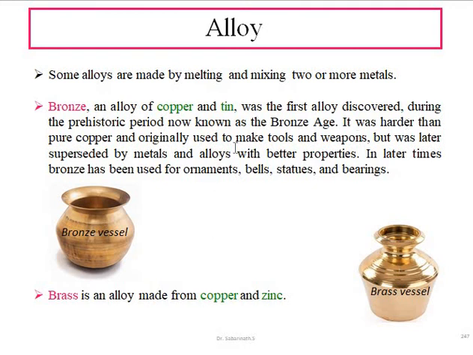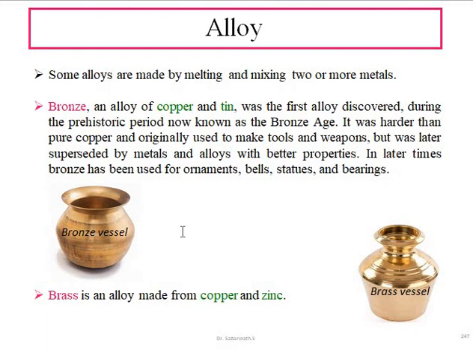It was harder than copper and originally used to make tools and weapons, but was later suppressed by metals and alloys with better properties, mainly by iron and its alloys. After the invention of iron and its alloys, the popularity of the bronze came down.